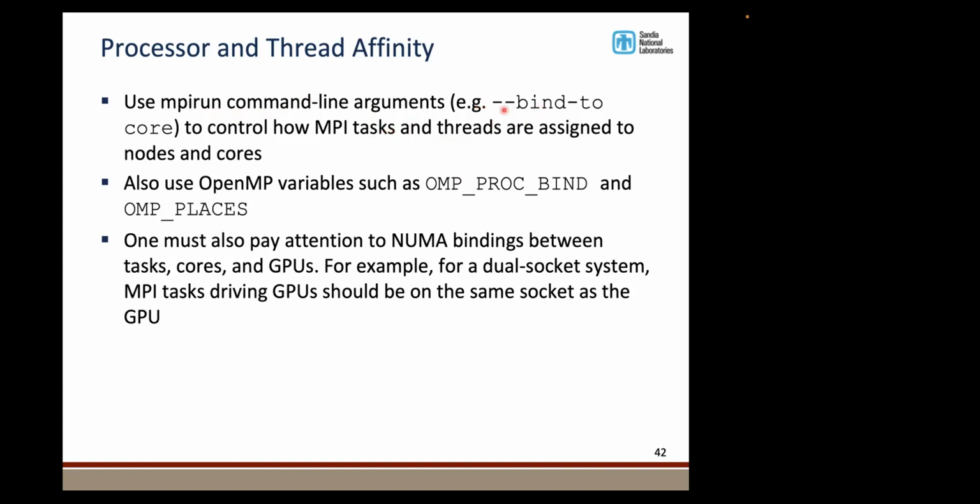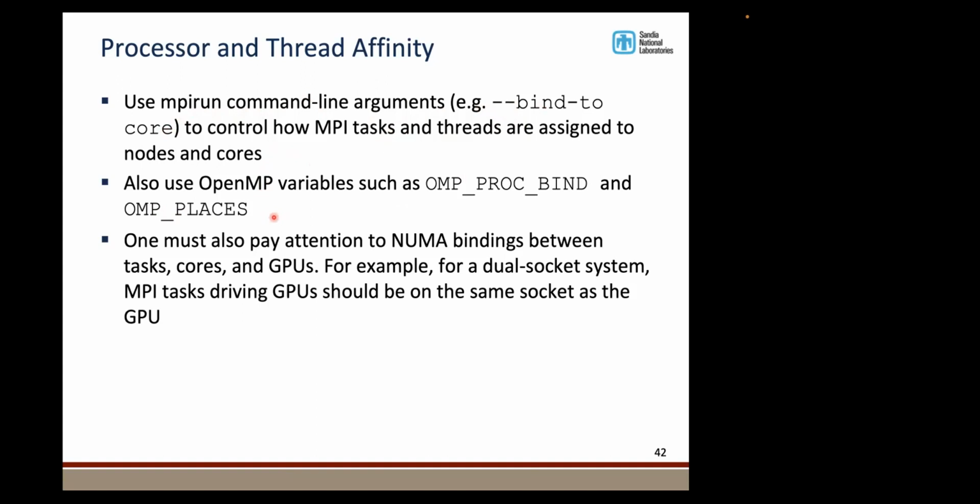You can use, for example, the bind to core or different options in your MPI run command. You also need to pay attention to the OpenMP variables if you're using multi-threading, such as OMP_PROC_BIND and OMP_PLACES. And then you also need to pay attention to NUMA bindings.